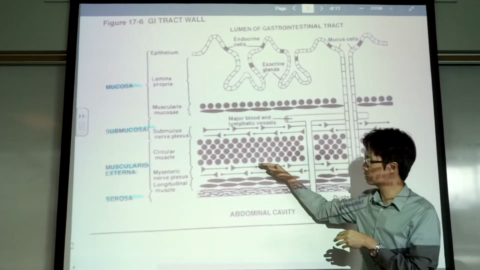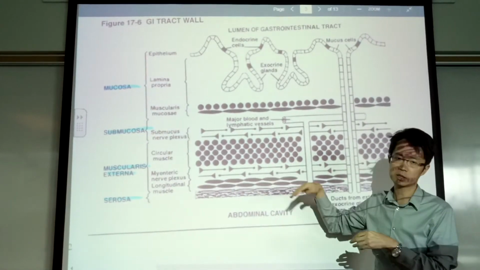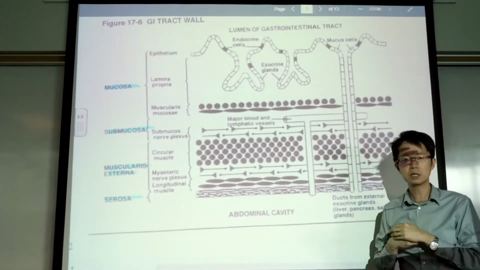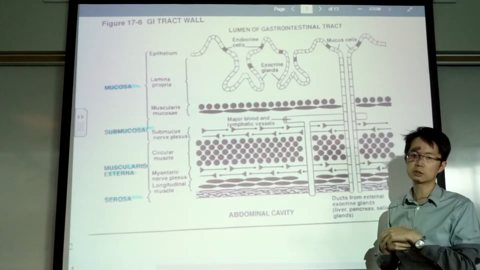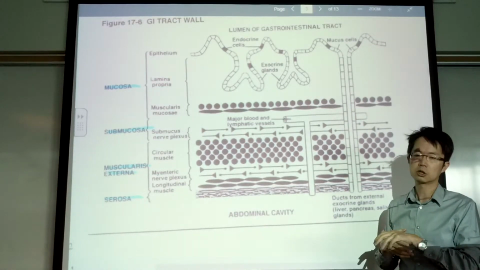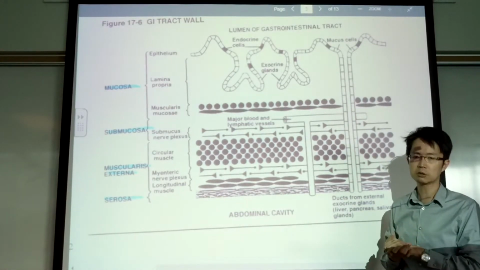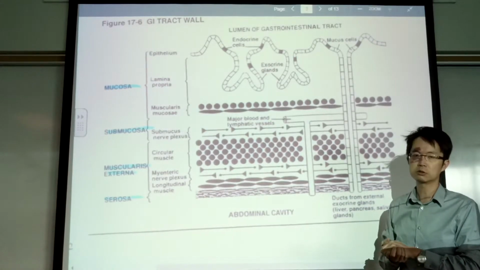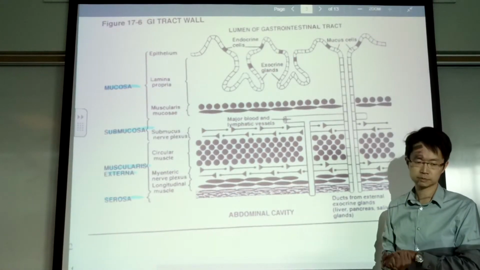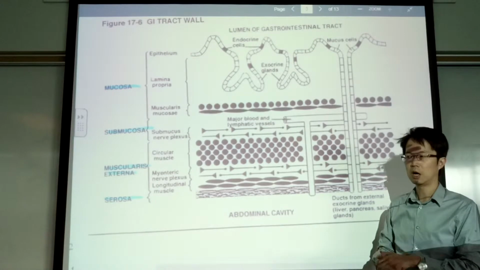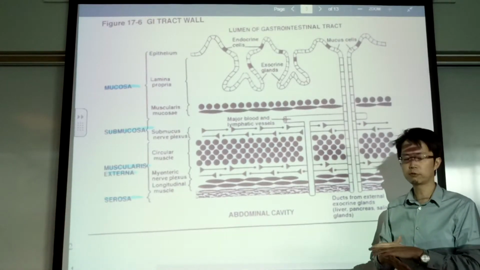These nerve plexus control the muscularis externa. Why do we need to have a muscle layer in the small intestine? Because the contraction of the muscle layer will produce something called peristalsis, and that will help to move the food forward.